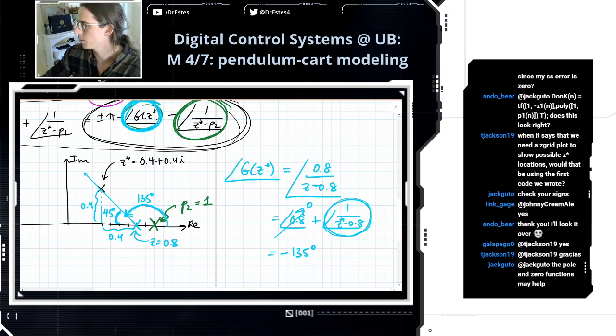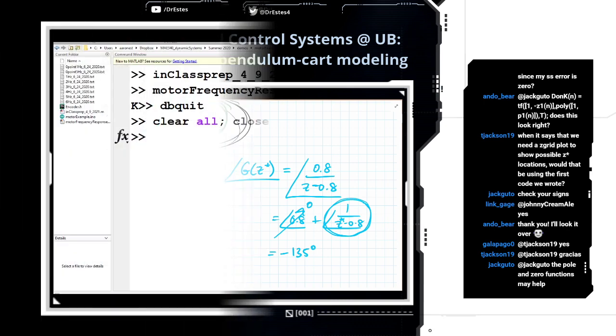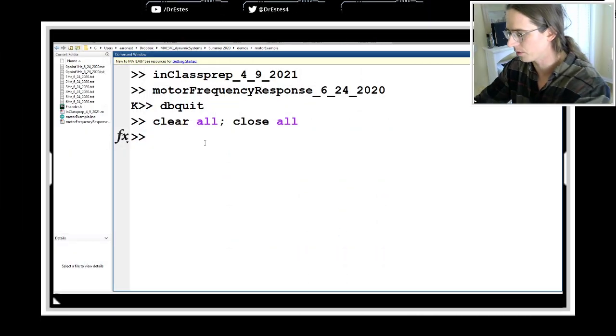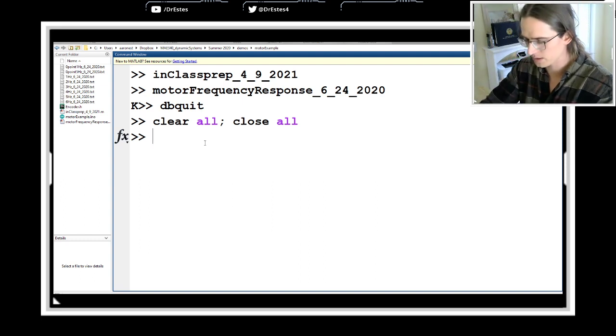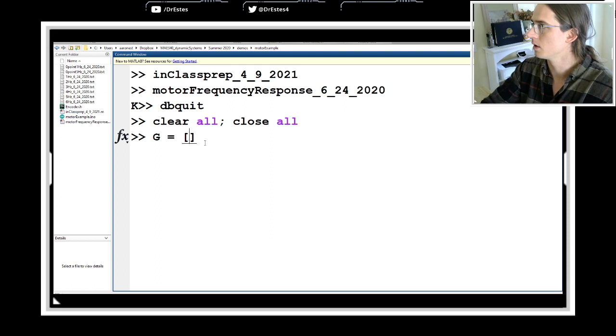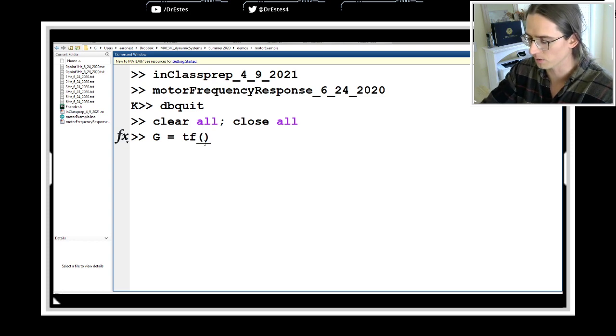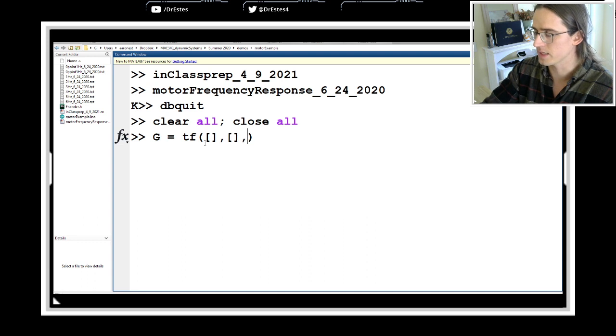And actually, how about we jump over to MATLAB really quick? Because I want to show you that you can do the angle here as well. So let's make up G. I'm going to make a transfer function here, because here's another way you can do the angle. So I have numerator, denominator, and sampling period.